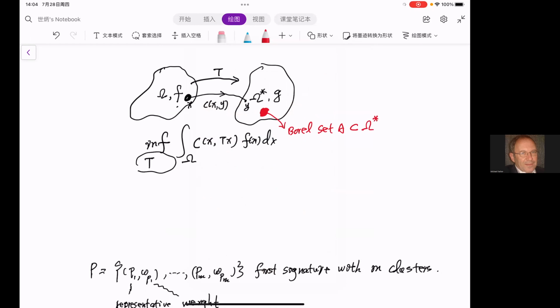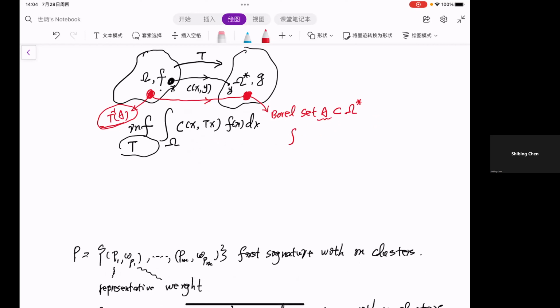The materials used for the factories in this set come from a part of the source domain, which is the inverse image of A. So the mass of the materials in T inverse of A should equal the mass of the factories here.